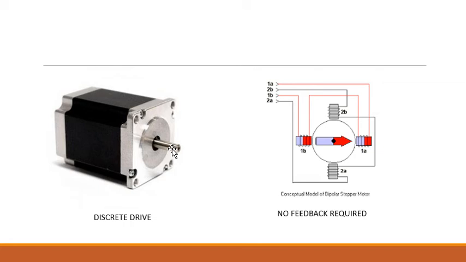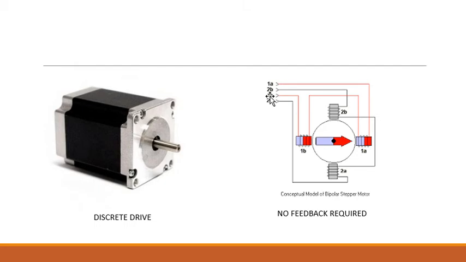You don't have to do this with the stepper motor, but your drive is going to be discrete. You cannot reach any floating point, the half of the angle or half of the step actually.